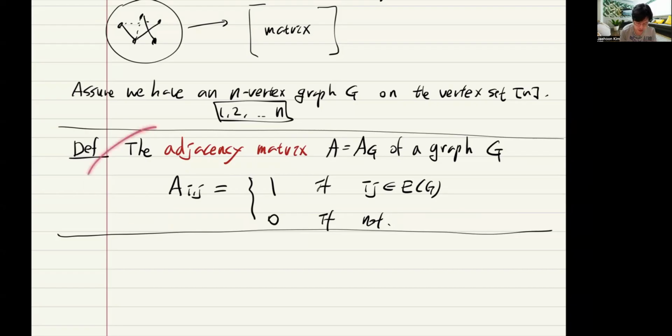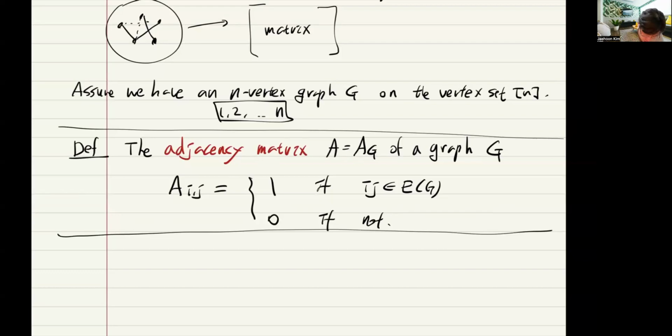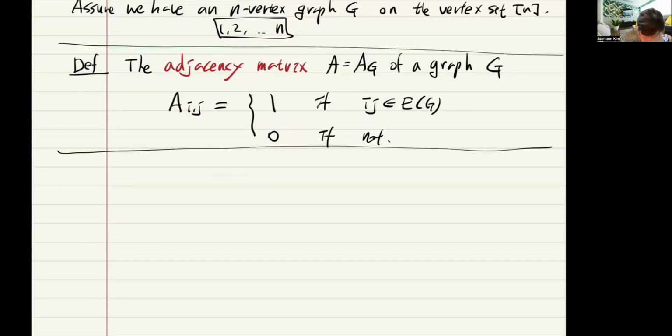Of course, in many different situations, for a multigraph, you can put here the multiplicity of an edge, the number of edges between two vertices, or you can even consider a weighted graph, where for each edge you give some real number weight that you want to keep. That also makes sense. But for us, we just focus on simple graphs. So this is the adjacency matrix.